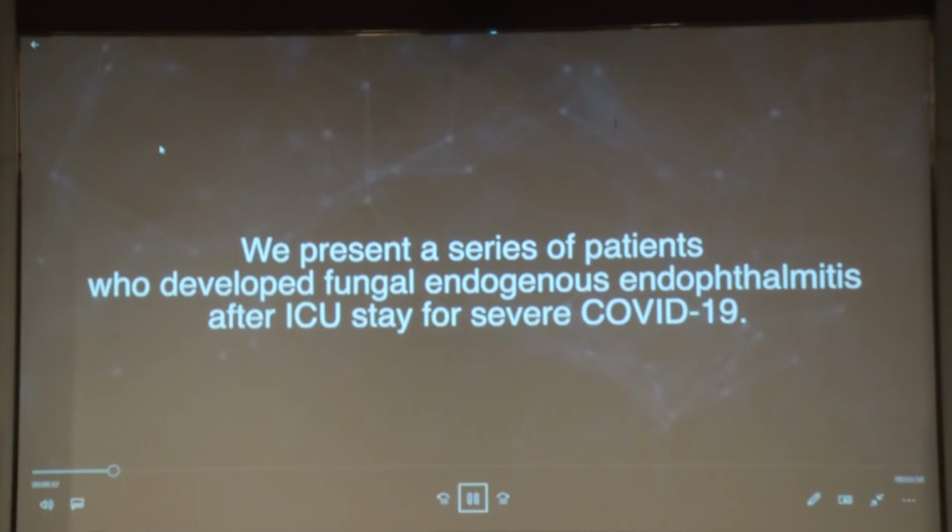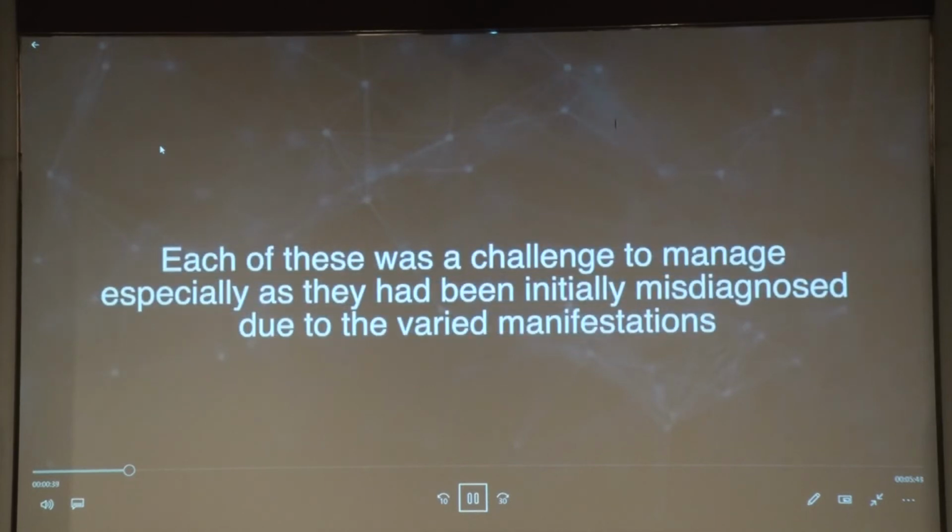We present a series of patients who developed fungal endogenous endophthalmitis after ICU stay for severe COVID-19. Each of these was a challenge to manage, especially as they had been initially misdiagnosed due to the varied manifestations.